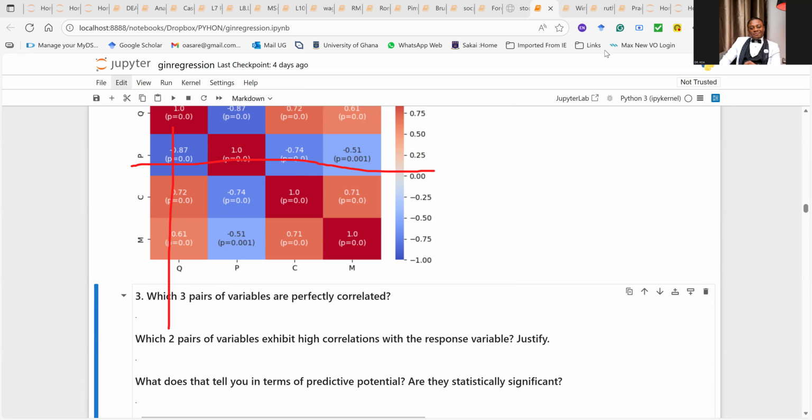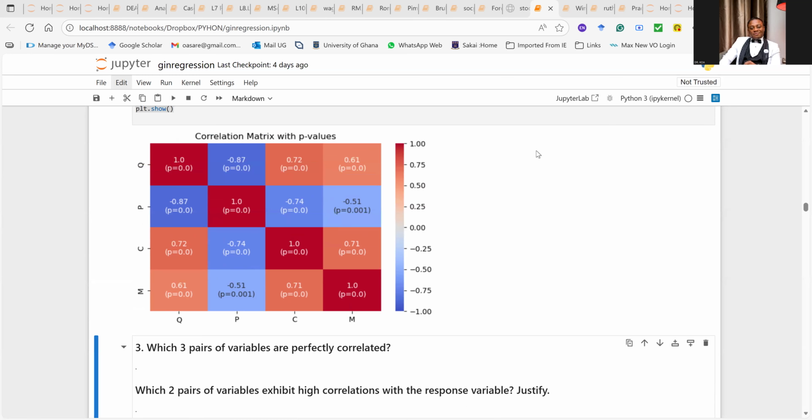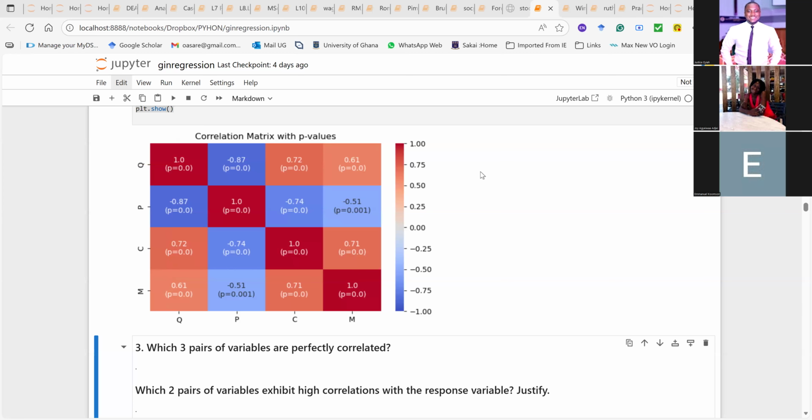Perfect. So now you should know how to do this. If I had said the least multicollinear, which pair would that have been? Least multicollinear. Justice.